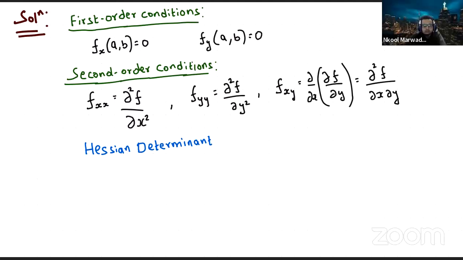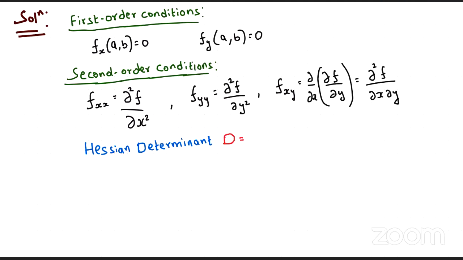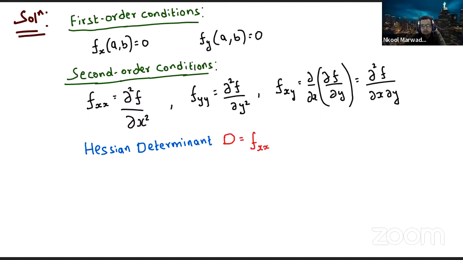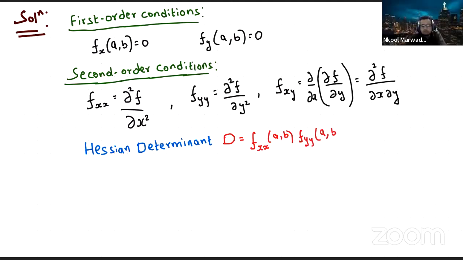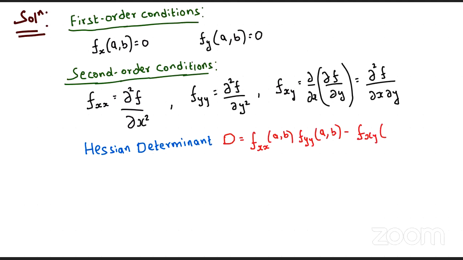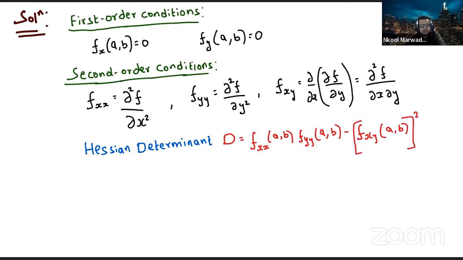So D is equal to f of xx at the stationary point into f of yy at the stationary point minus f of xy at the stationary point whole square. So this is the Hessian determinant.